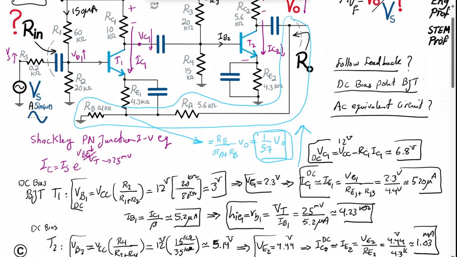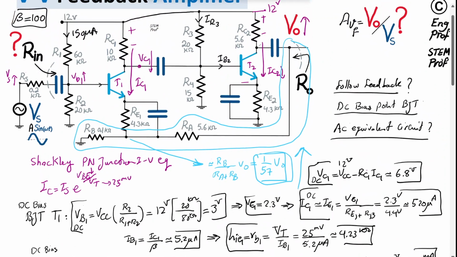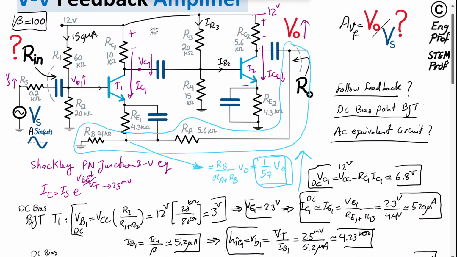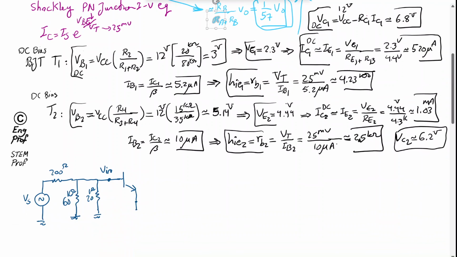So from the perspective of the feedback network, this is exactly the point that I refer to as Vn, because then we have the transistor, and at the emitter side, RE1 is bypassed by this bypass cap, so we only see RB. So at the emitter, we see only RB, which is grounded. So that's RB, the 100 ohm resistor.